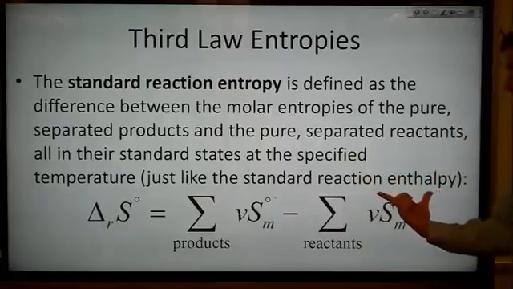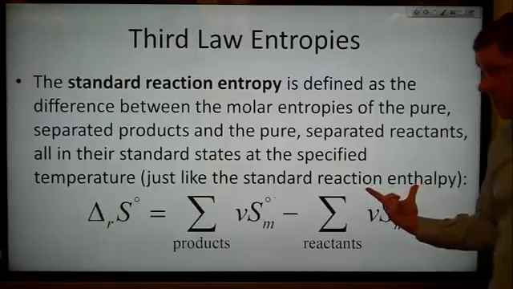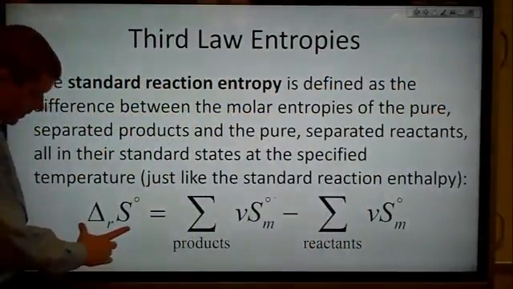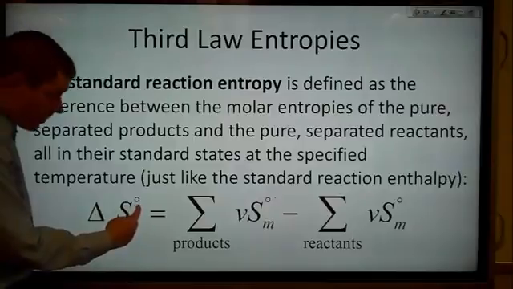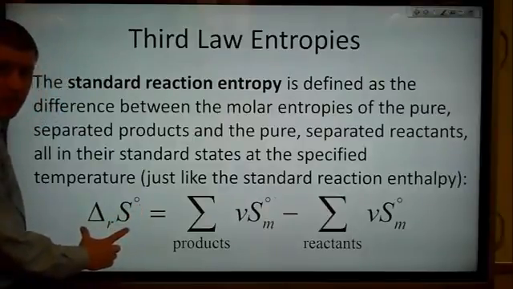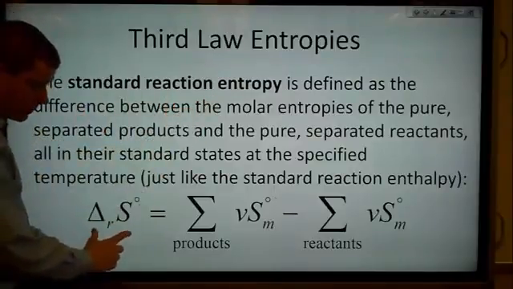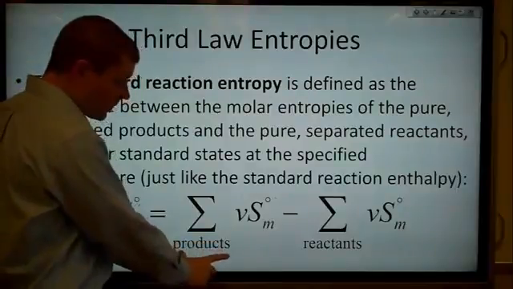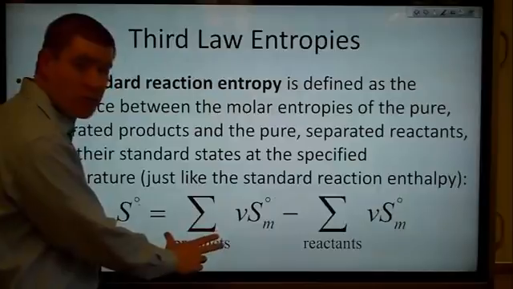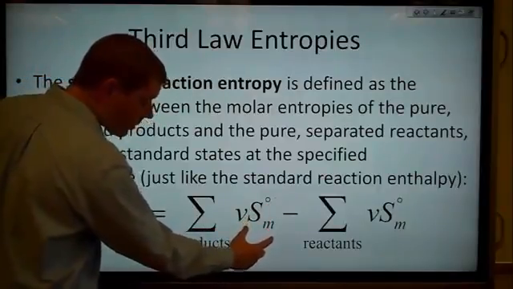So this is just like the standard reaction enthalpy. Right? So we've got our naught saying that it's a standard, R for reaction, and delta S means the entropy change. Now we're shortening that, so that's the standard reaction entropy. It is equal to the sum of the standard entropies, molar entropies, for our products.